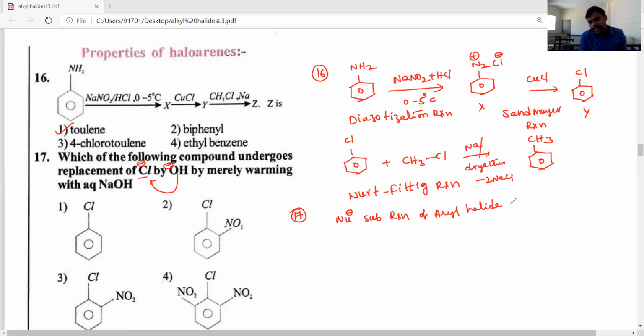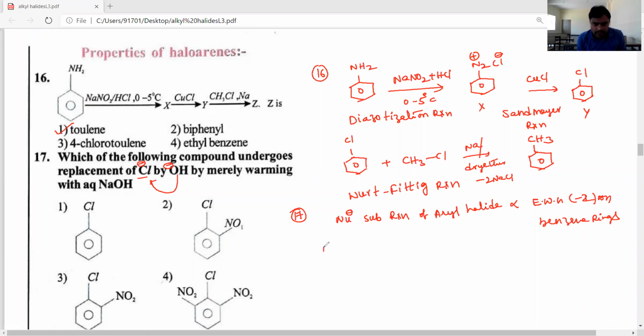The rate is directly related to electron-withdrawing groups, meaning minus I groups on the benzene ring. That's why such compounds undergo nucleophilic substitution reactions very fast.